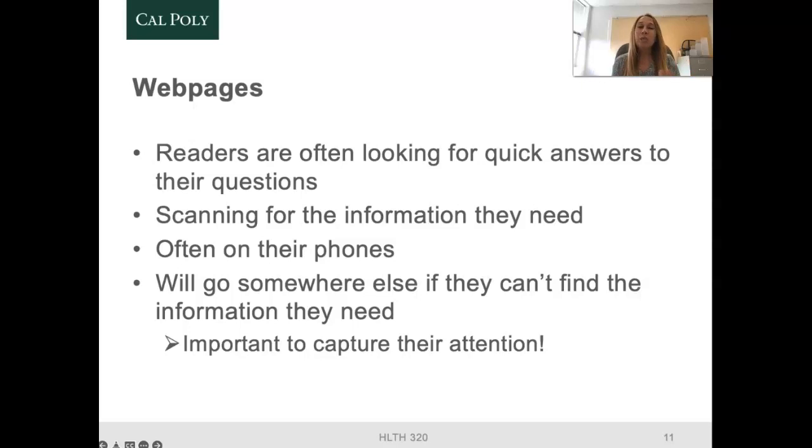So it's really, really important to be very concise in your writing, to be very direct in your writing, and to make sure you're organizing information in a way that's really easy for the consumer to skim, to be able to read that content really quickly and find the answers they're looking for. Otherwise, they're going to go somewhere else. So you have to capture their attention.